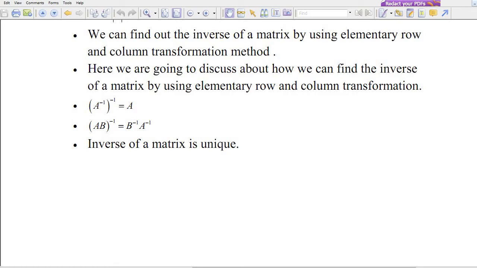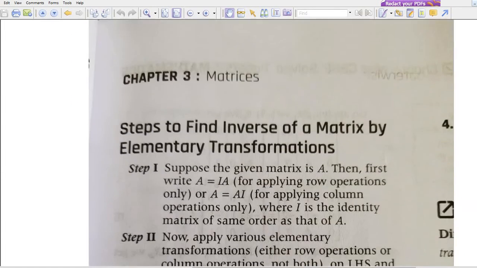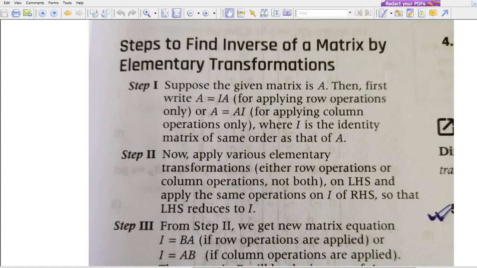Now let's see how we can find the inverse of a matrix using elementary row and column transformation. See what steps we have to follow.